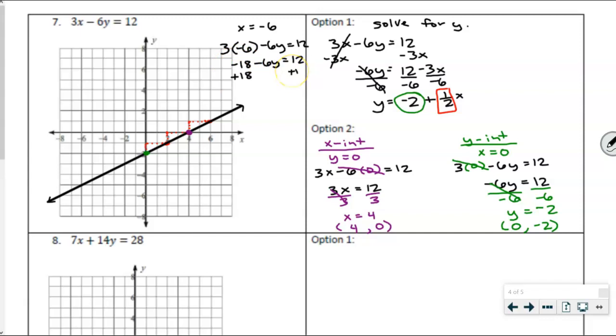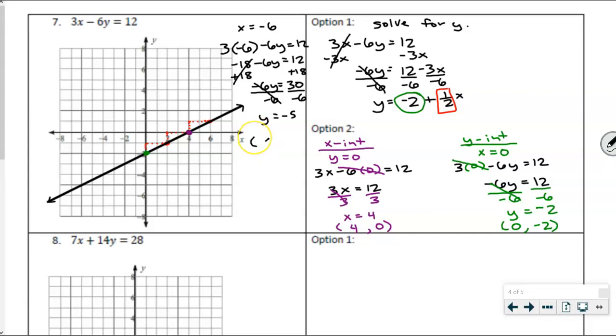Same thing to both sides. Negative 18 plus 18 zeros out, leaving me with negative 6y is equal to, let's see, 12 plus 18 is 30. Divide each side by negative 6. And I have y is equal to negative 5.